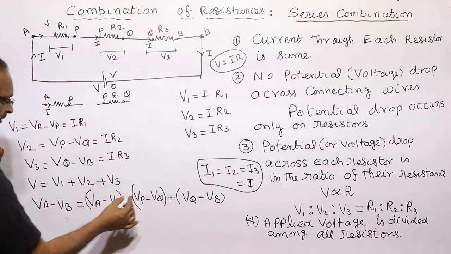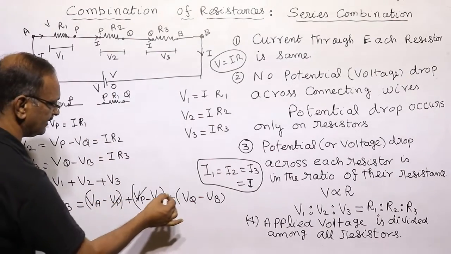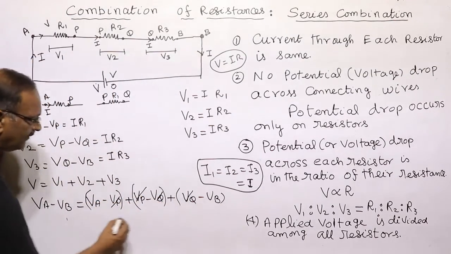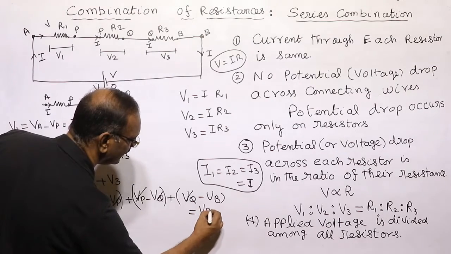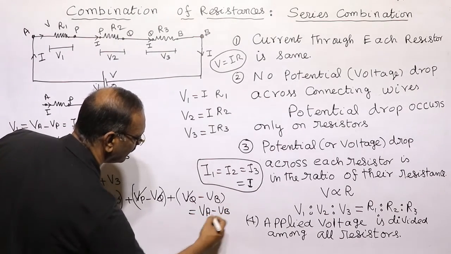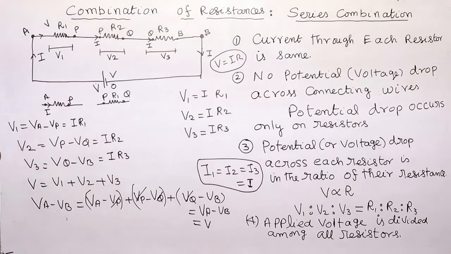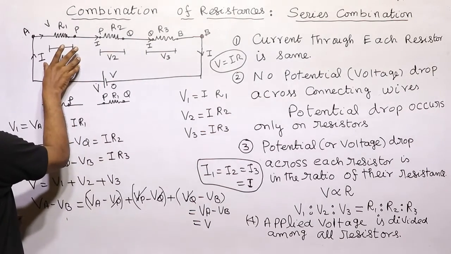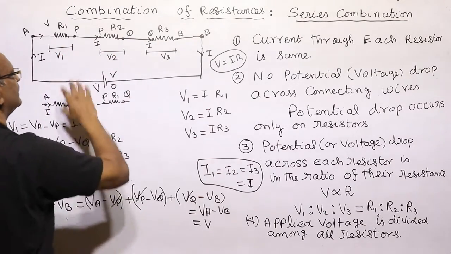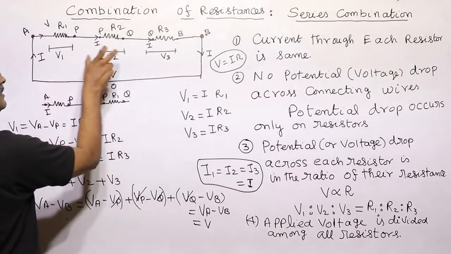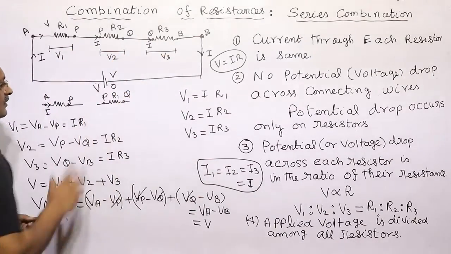So this and this cancel, and this cancels, which is equal to VA minus VB, which we call V. So two things we have to note: the applied voltage is divided among the three resistors, among all the resistors, V1 plus V2 plus V3 is equal to V.